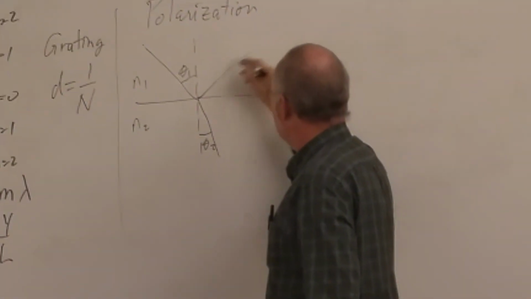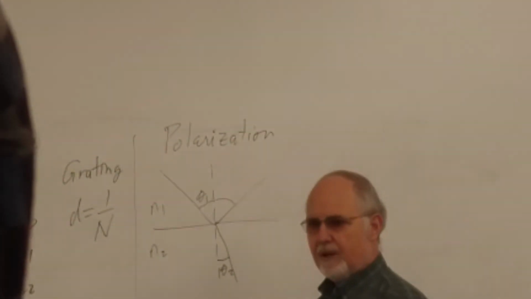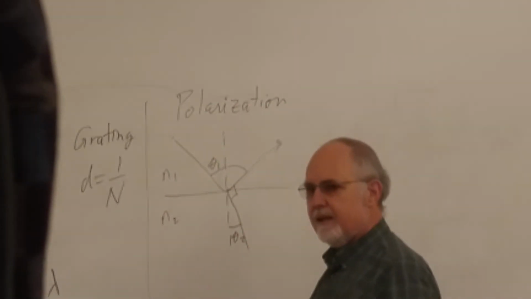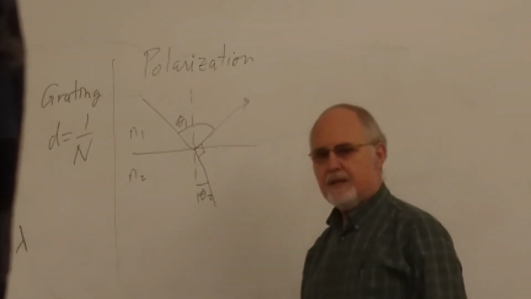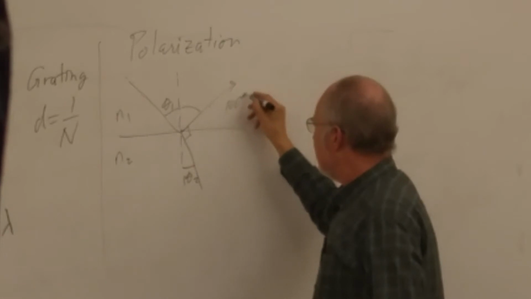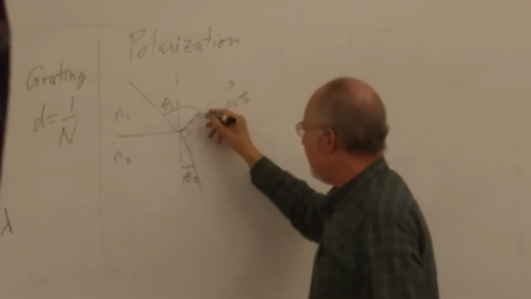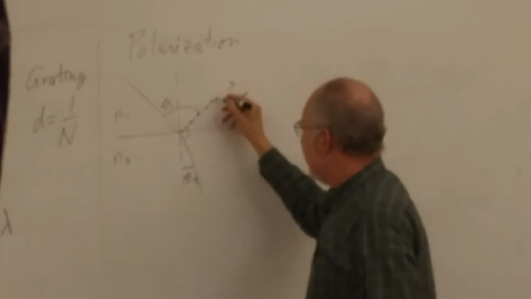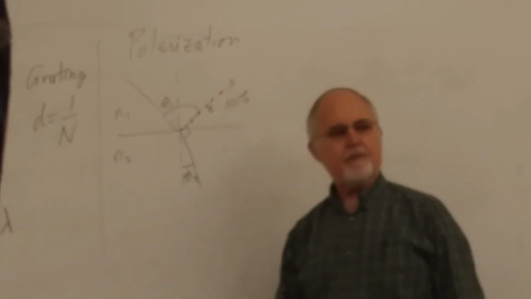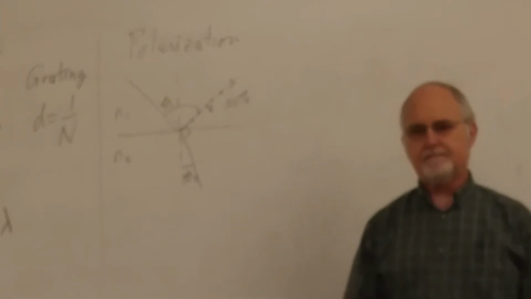And this angle should be the same as that angle because it's reflection. If the reflected and the refracted ray are 90 degrees, then this reflected ray is 100% polarized, and it's polarized parallel to the surface, electric field parallel to the surface it's reflecting off of.